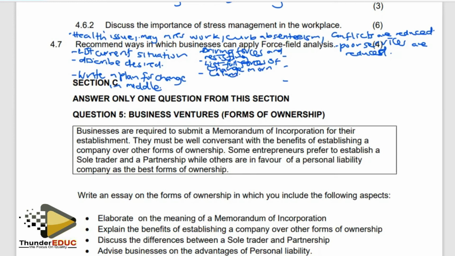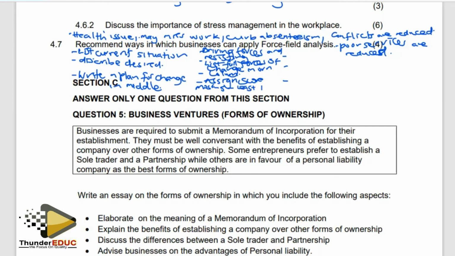After putting them in one column, we assign scores. Which factor is very important? The most important factor, give it 5. Then the least important, give it 1.